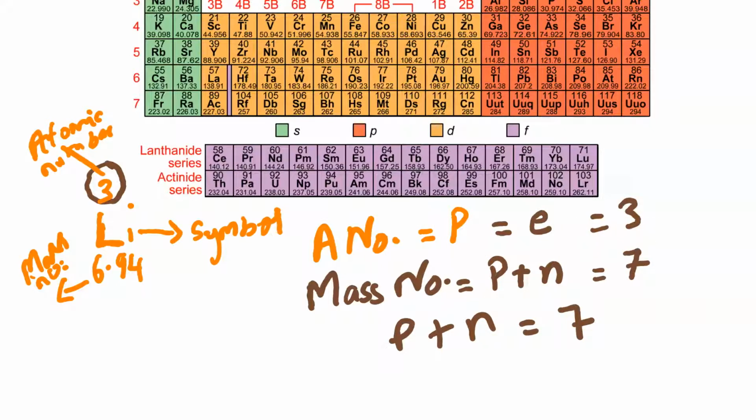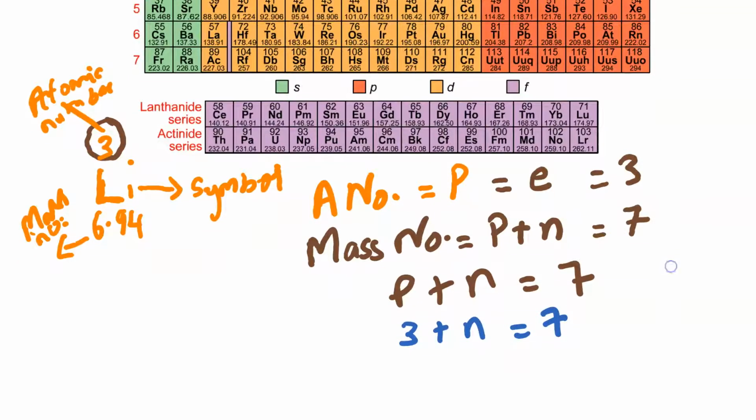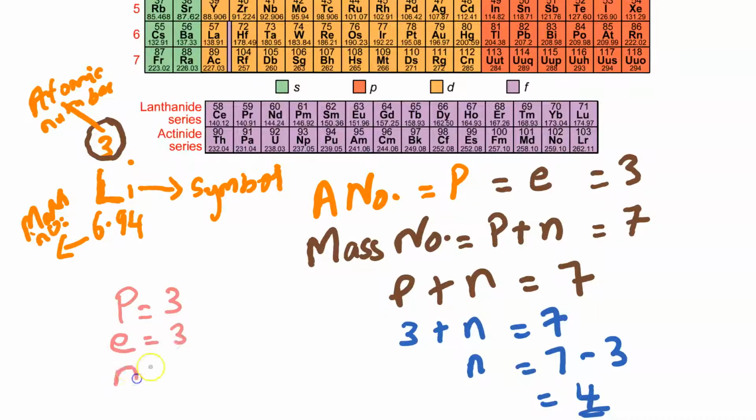So 3 plus N equals 7. So how do I find N? Number of neutrons is equal to 7 minus 3, because when I take this to the other side, it becomes negative. So 7 minus 3 is 4. So I have protons 3, electrons 3, neutrons 4.